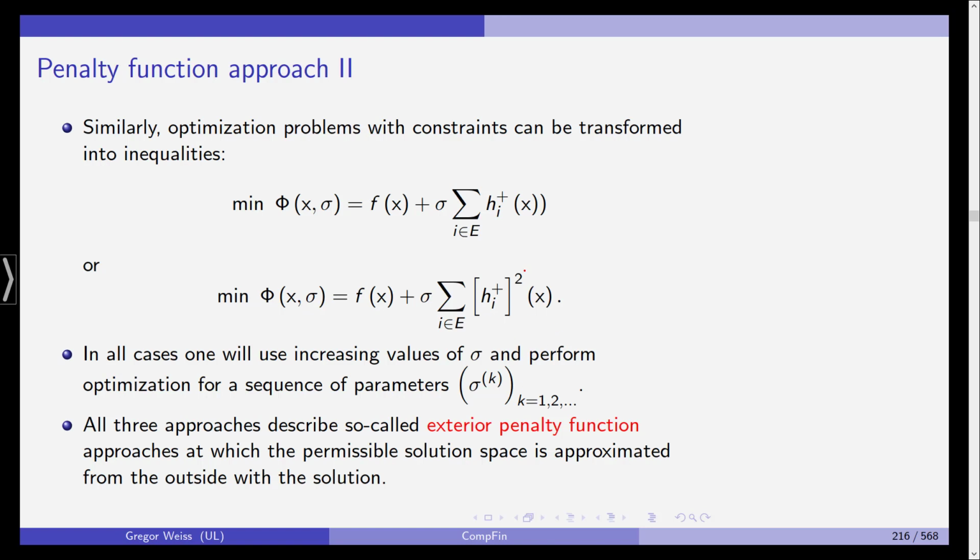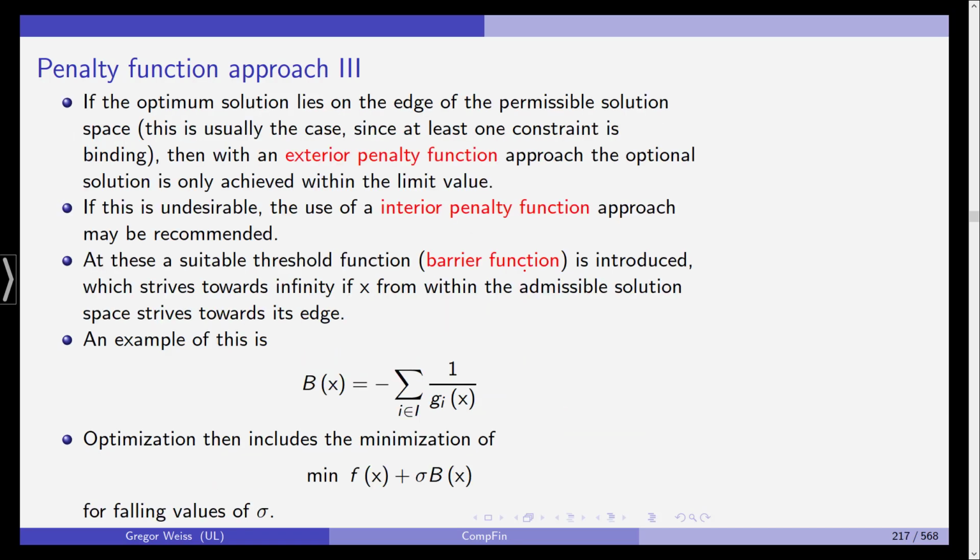Or you can also square this. And all these approaches are so-called exterior penalty functions. Why? Because you are coming from outside the solution space, and by using the penalty parameter, you're forcing the algorithm to move in the direction of this permissible solution space.